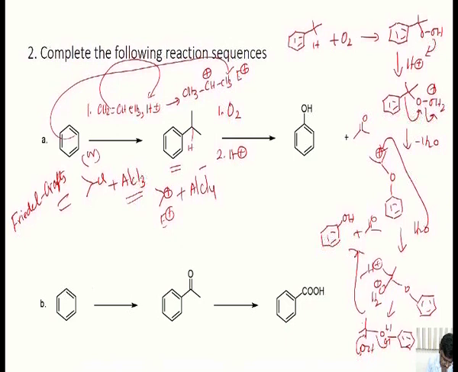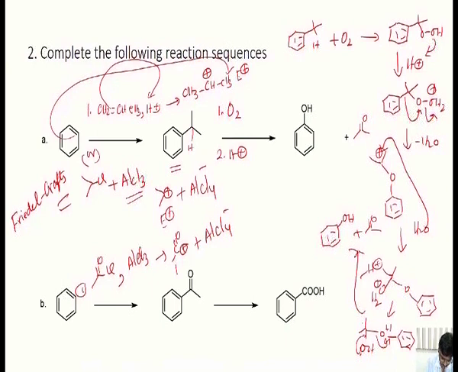This can be accomplished if you have the acetyl chloride, which can be reacted with anhydrous aluminum chloride to give this carbocation and aluminum tetrachloride.